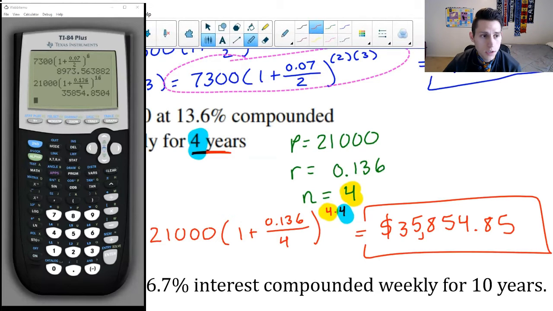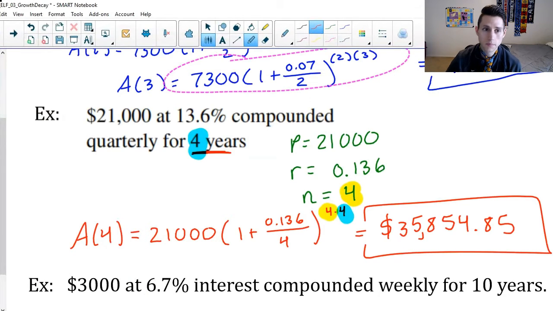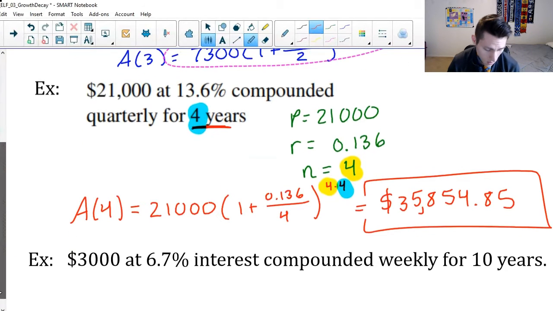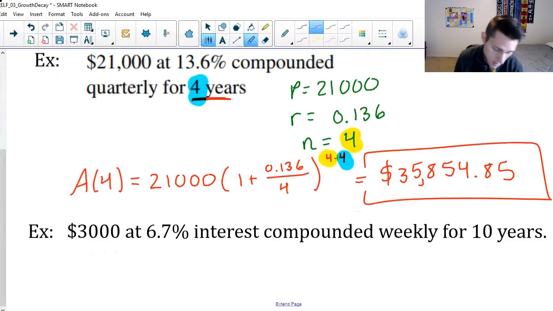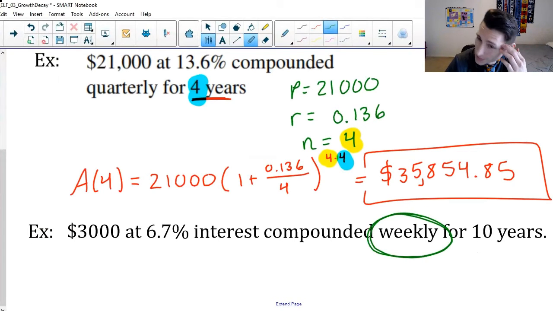For this third question, $3,000 at 6 percent. This is the same thing. The one thing I will comment quickly on is weekly. Nobody ever knows how many weeks there are in a year.